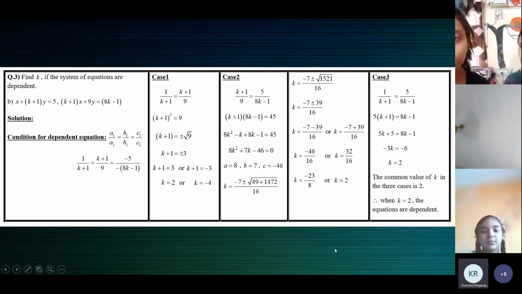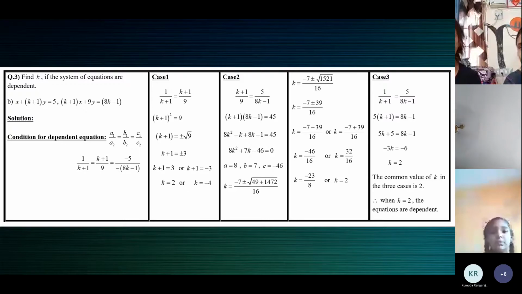Correct? I don't know if all of you agree with what I feel. Now this is just equating, cross multiplying, and finding the value of k, or you may get a quadratic equation, split the middle term, and get the value of k. So instead of me saying this, I thought it will be easier for you to go through and understand, and you can ask me your doubts. So I just wanted to know if I was thinking right.